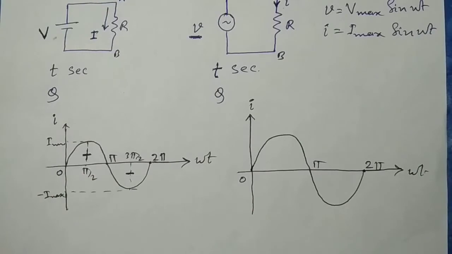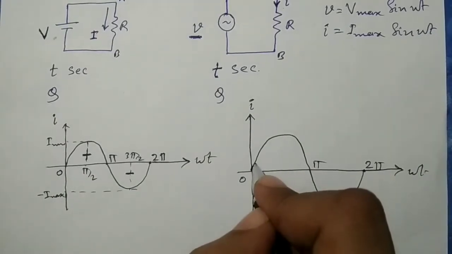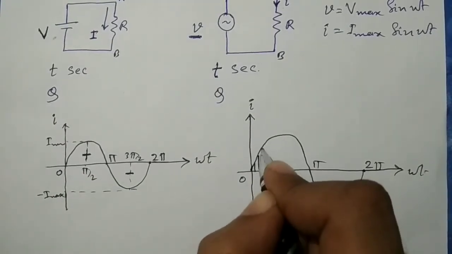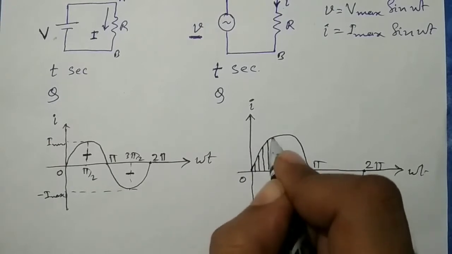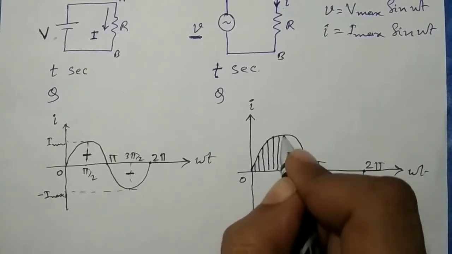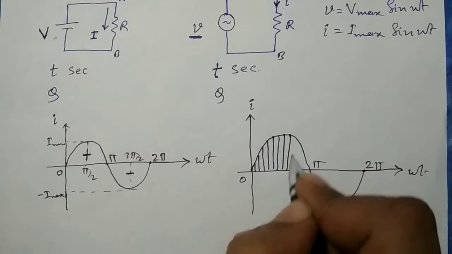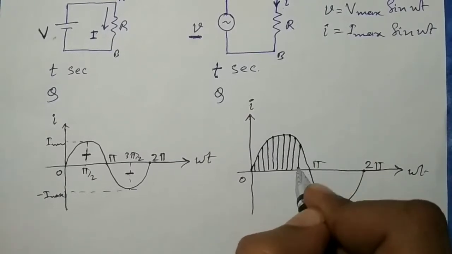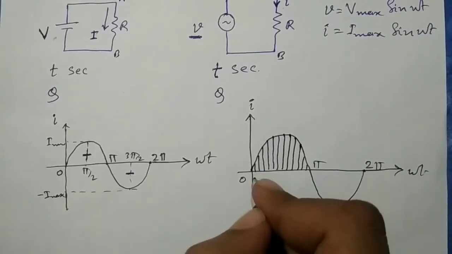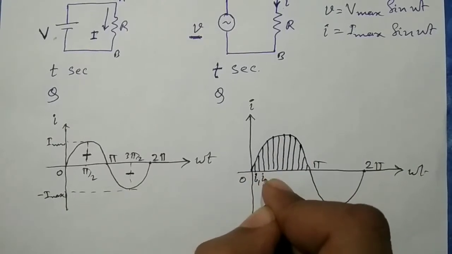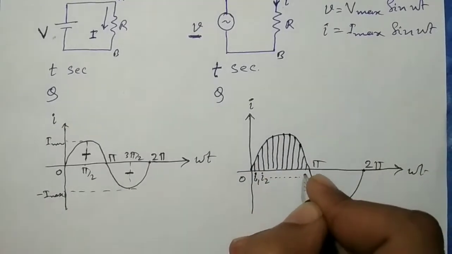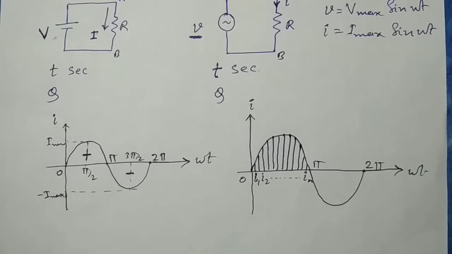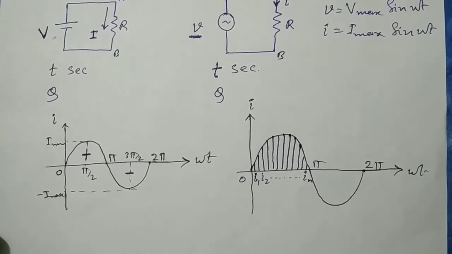The concept is, we divide the positive half cycle into n number of segments. That means we divide it into various instantaneous values. They can be named I1, I2, I3, I4 up to In. We will consider only the positive half cycle.